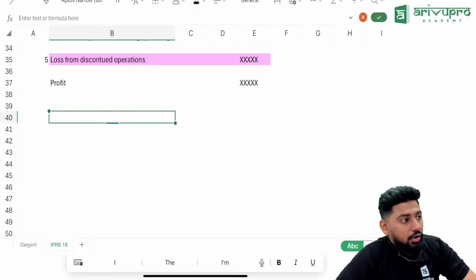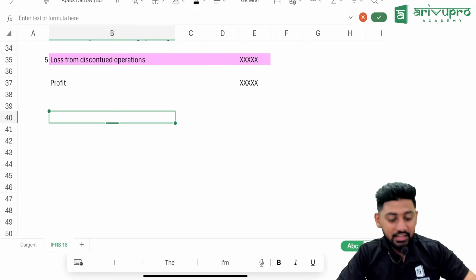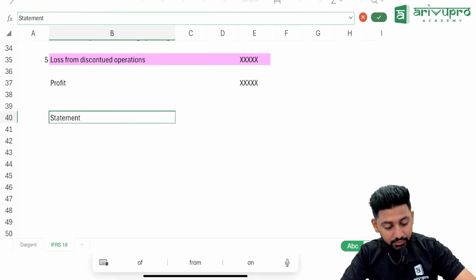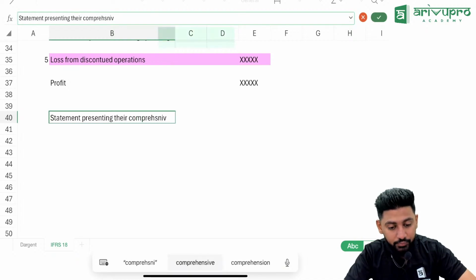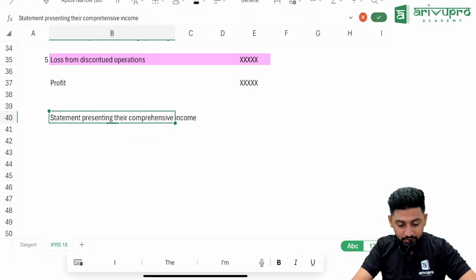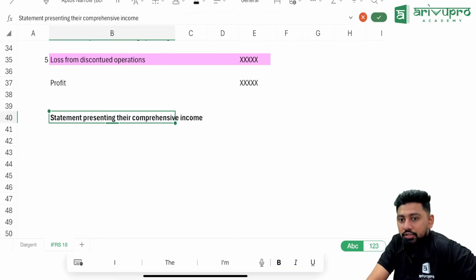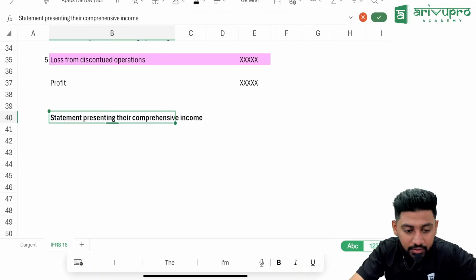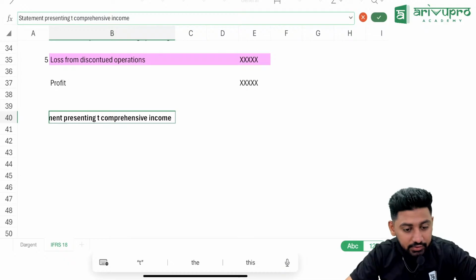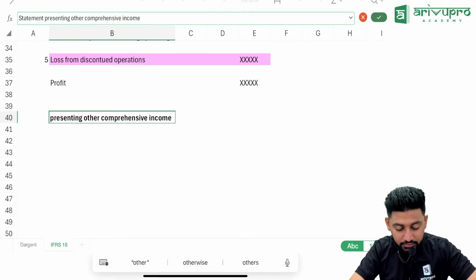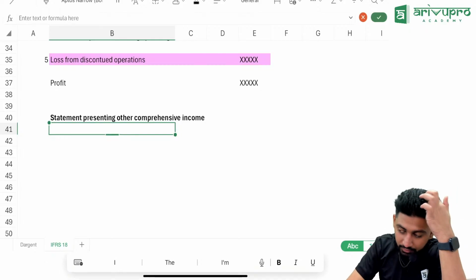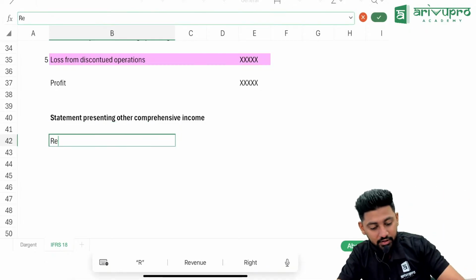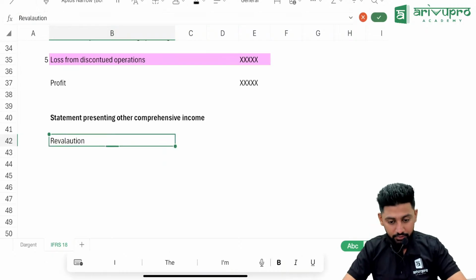So, the statement of other comprehensive income, the name is changed to statement presenting other comprehensive income. It's not statement of other comprehensive income, it is statement presenting other comprehensive income. We call it statement presenting other comprehensive income. Okay, if there is any revaluation, you can directly take it over here.